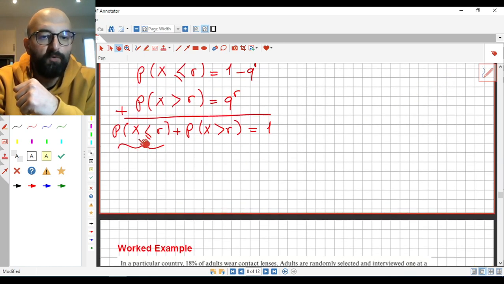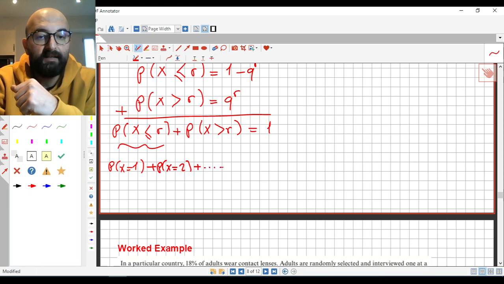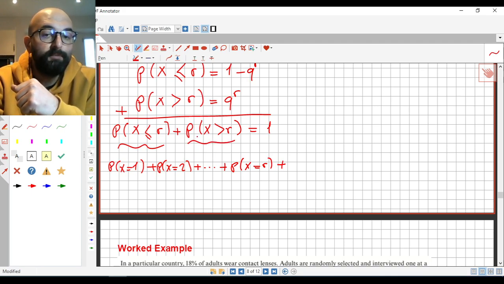What is the meaning of the probability of X less than or equal to r? It is the first trial success, the second trial success, up to the rth trial success. What is the meaning of the probability of X greater than r?